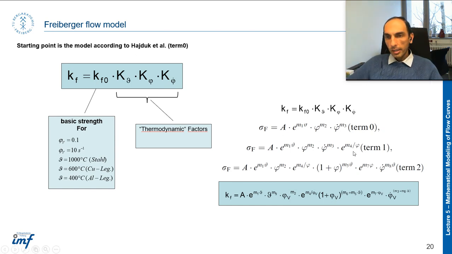You can see those factors are put together here, and then step by step during these 100 years up to now, the model has been improved. Some terms are added, and some modifications are applied to the model to make it more flexible and more accurate to model the flow behavior of materials.